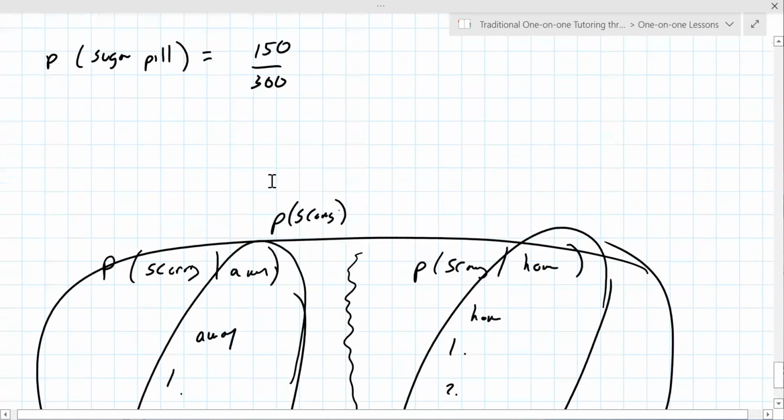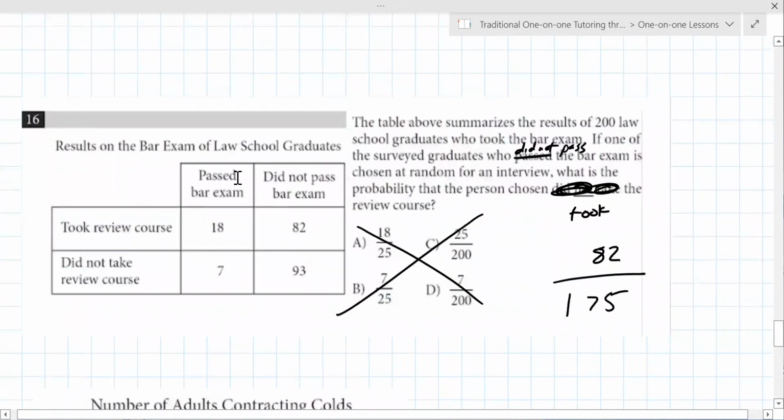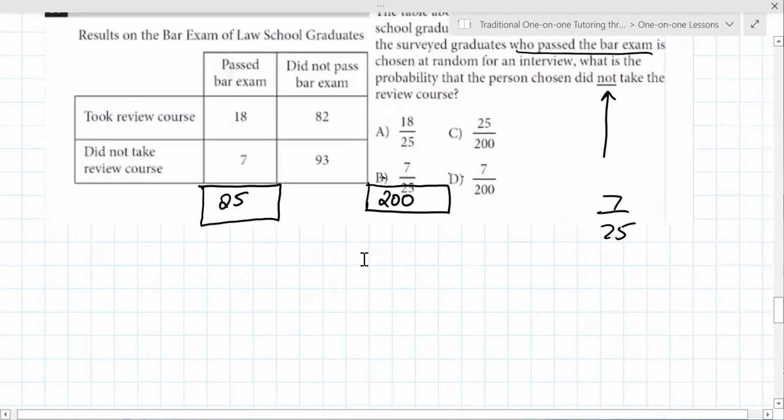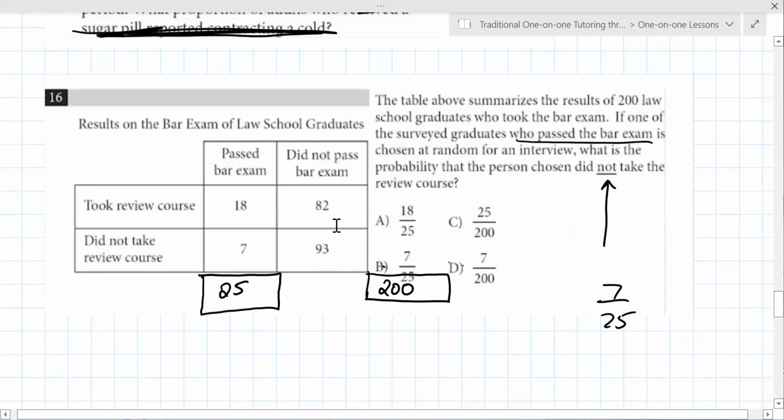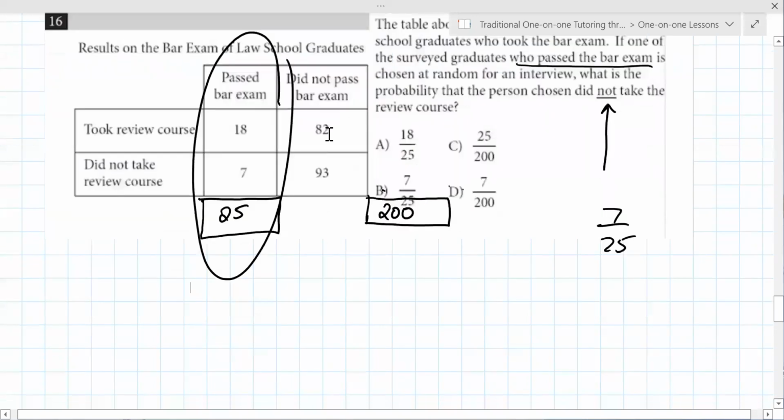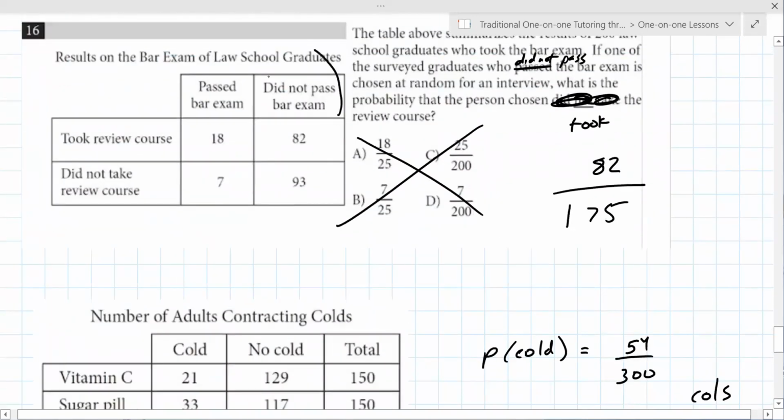Okay, and that's what this previous problem about law school was trying to get you to do. It was saying, I don't care about the total. I care about those who passed the bar exam. So out of the people that passed the bar exam, that's what I care about. Then I gave you another question about those that did not pass the bar exam.